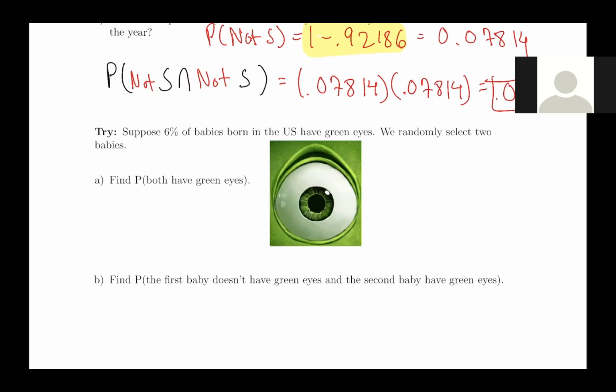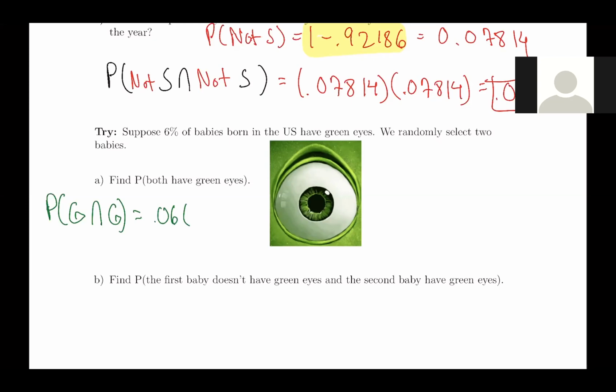So let's try doing this one. Let's use green since we're doing green eyes. We want the first baby to have green eyes and we want the second baby to have green eyes. So what's the probability that the first baby has green eyes? 0.06, perfect.